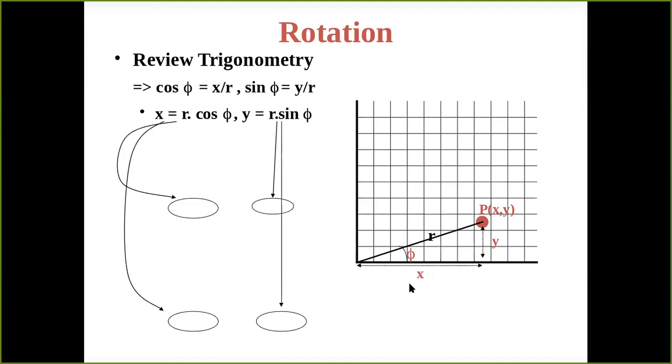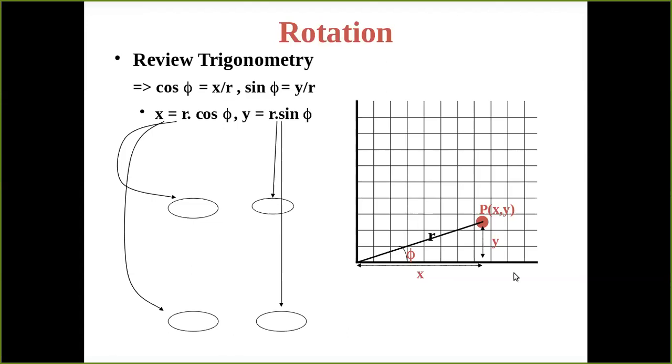And what about tan theta? Y by x. Very good. So you can easily understand that this is not very typical or something different. It is from your intermediate book.